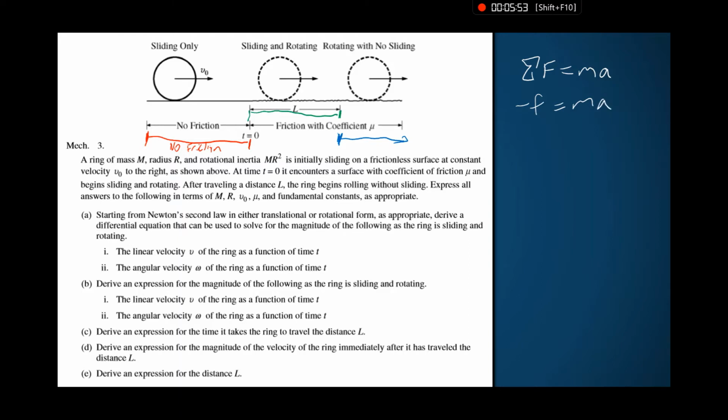Then what's our formula for a frictional force? Mu mg. Okay, so negative mu mg equals ma. Okay, and I need a differential equation for velocity. So how could I rewrite this so that I have velocity in this equation?